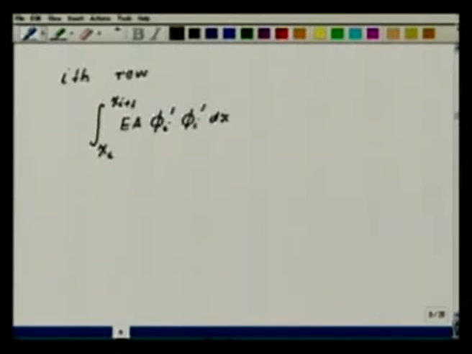This is going to be non-zero. Similarly, the integral from xi to xi plus 1 of EA phi I plus 1 prime phi I prime dx. This is going to be non-zero.